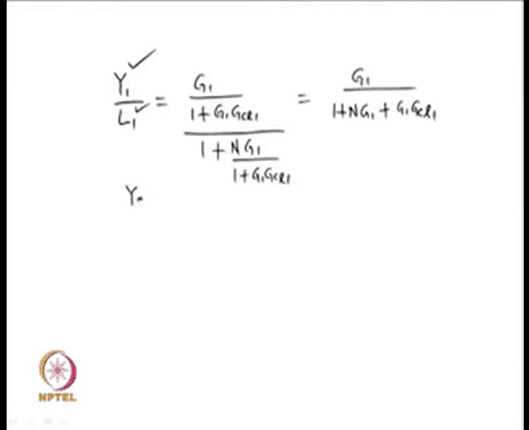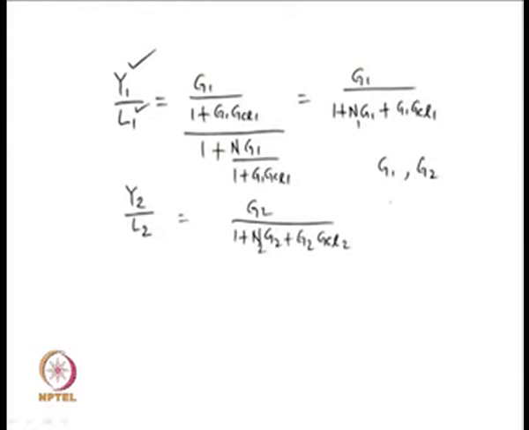Similarly, I can find the transfer function of y2 upon L2 to be of the form G2 upon 1 plus N2 G2 plus G2 G_CL2. So, what are G1 and G2 here?